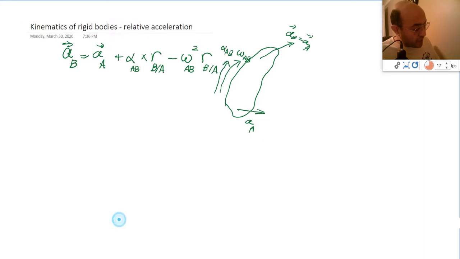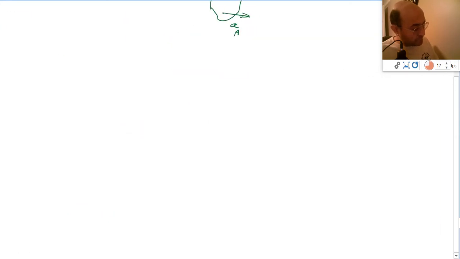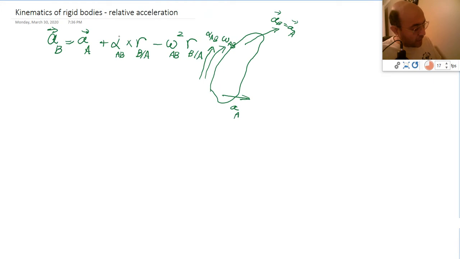So in this equation, alpha is a vector, of course. R is a vector, omega square is just a scalar, and the whole term is a vector. Let me just start from a very basic problem.